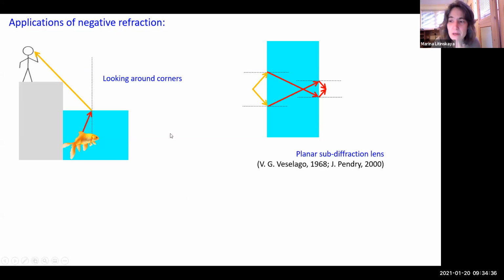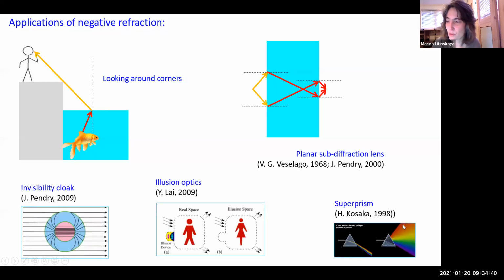So other examples of negative refraction include superprism, like shown here, invisibility cloak based on negative refraction, if you look at how the rays go, illusion optics, because the way the rays go in an unusual way, you basically can create optical illusions and substitute one object with a vision of a different object.